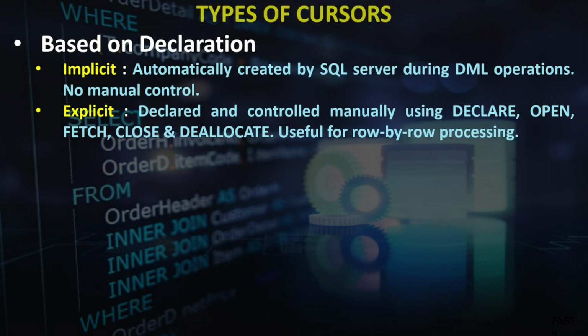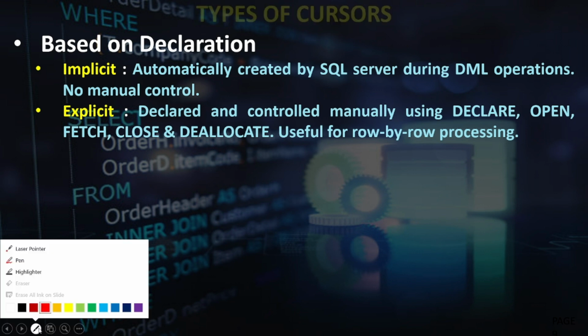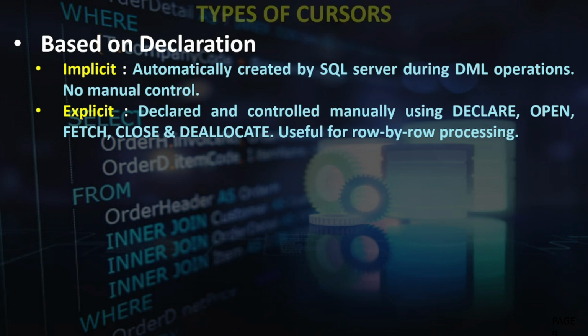The one you have just seen a couple of moments back, we wrote it explicitly, and that's why it is called an explicit cursor. Then what is implicit? SQL Server also automatically creates cursors to do lots of operations. So it is implicit. It is SQL Server which creates the cursor for its different purposes. But when we create it, it is explicit.